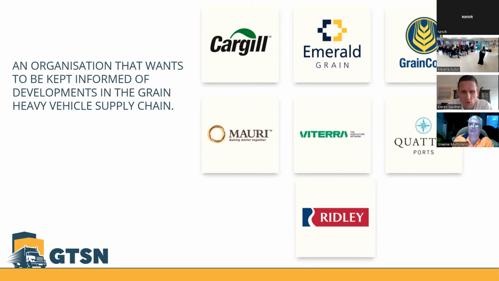We run monthly calls, and the purpose of the group is to look at what we're doing the same or similar with how we manage our heavy vehicle national law risk, and where there's potential duplication, we can get consistency on those processes.